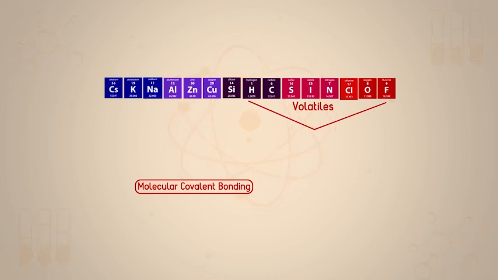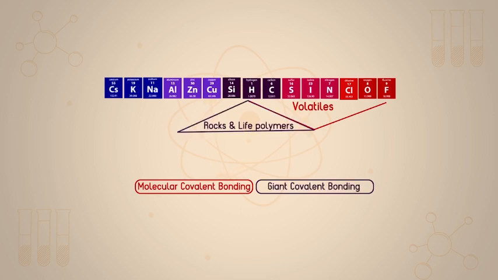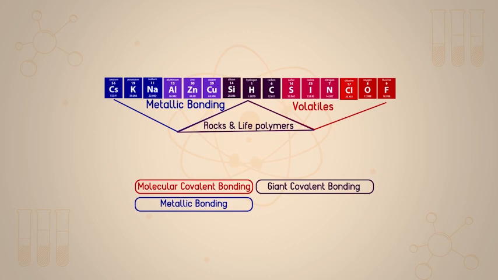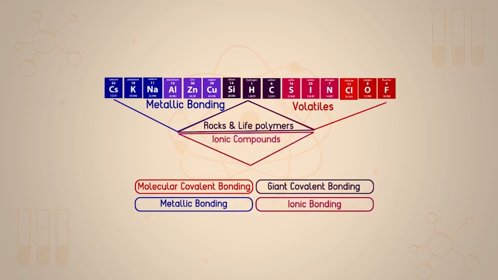Compounds of carbon and silicon will give rise to brittle, rock-like, or polymerized giant structures: giant covalent bonding. Metallic elements will bond together to form metallic structures with loose electrons: metallic bonding. And if a metal bonds with a non-metal, we get ionic compounds with properties totally different from their elements: ionic bonding.